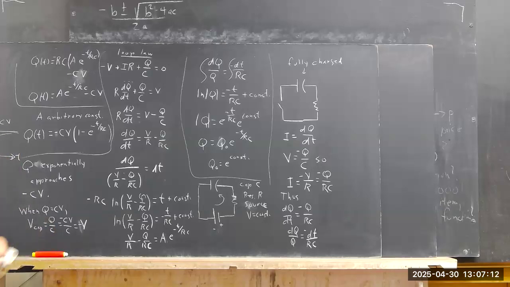You're charging up that capacitor, you're cranking along, and where do you have the greatest current? Well, the current is the slope of this graph, isn't it? It's a change in Q divided by change in t, which is the amount of charge flowing per unit time. So the graph is steep here, and it gets less and less steep as you get less and less charge.